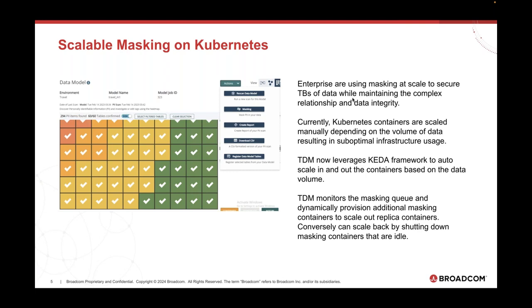What it means from a customer perspective is that you can point to data that needs to be masked, and we can automatically figure out the number of masking pods that are needed, bring them up, perform the masking actions, as well as bring them down when the job is completed.